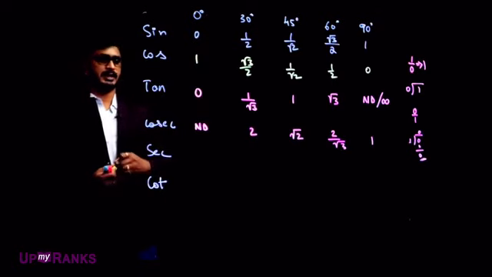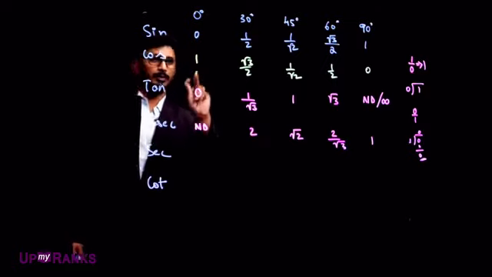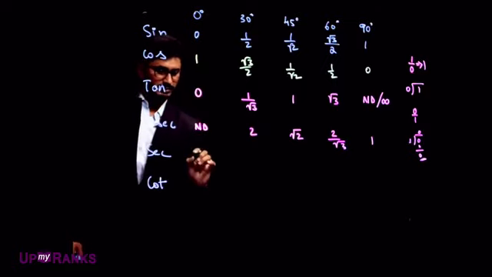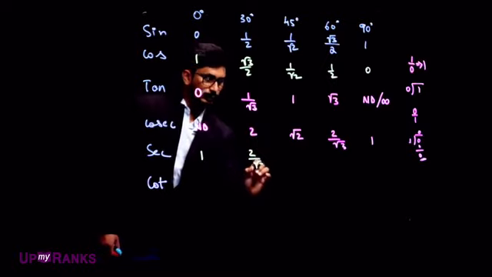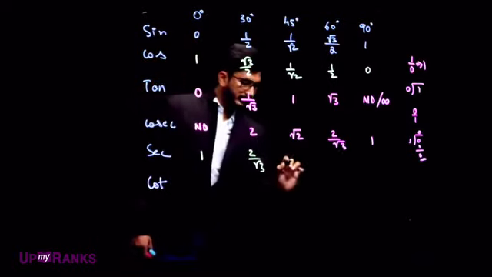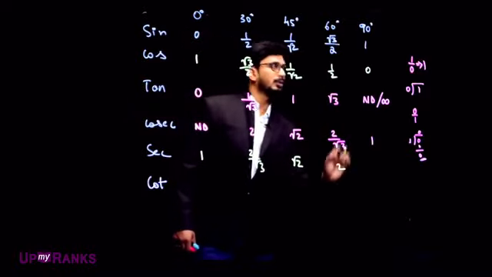Let me write it for secant now. Secant is the reciprocal of cos: 1 by 1, which is 1. Then 2 by root 3. The reciprocal of 1 by root 2 is root 2. The reciprocal of 1 by 2 is 2.